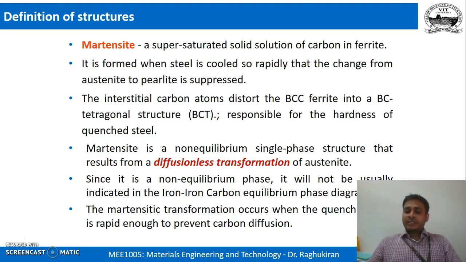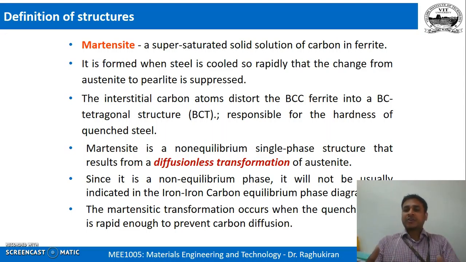we also call this transformation of austenite to martensite a diffusionless transformation. Why? Because as I said, you have not given any time for the carbon atoms to diffuse, okay, no long-range diffusion, maybe a short range diffusion, a slight coordinated movement of atoms, because we are still changing the crystal structure from FCC to BCT, okay, and to change that you definitely need the movement of atoms.